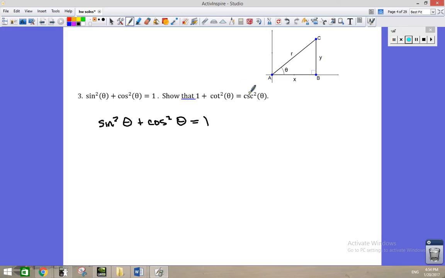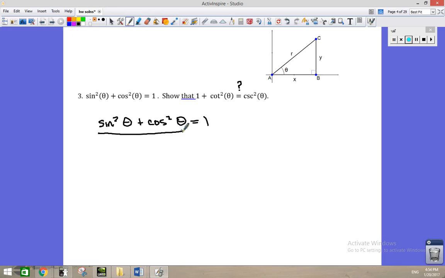I can't yet say that these two are equal to each other until I've proven it, so I can't use properties of equality if I start with either the left-hand side or the right-hand side. I can make the claim that these are equal. Now let's divide both sides of this equation by sine squared of theta.